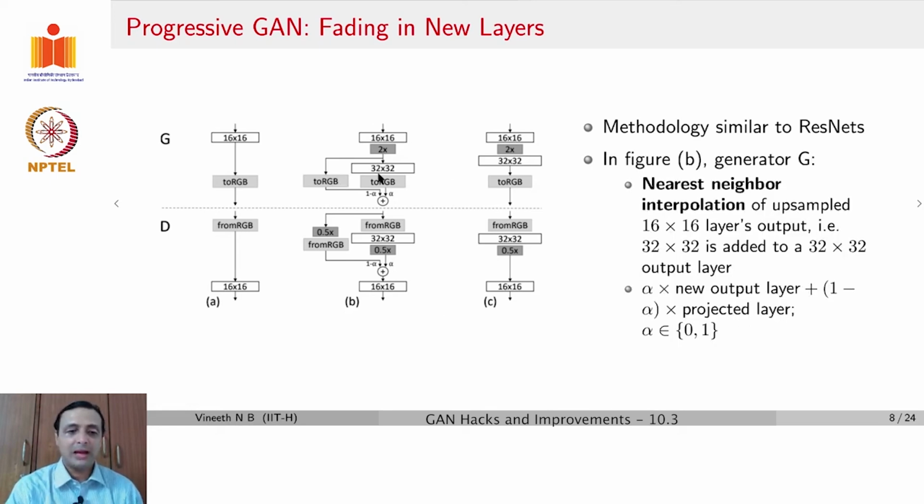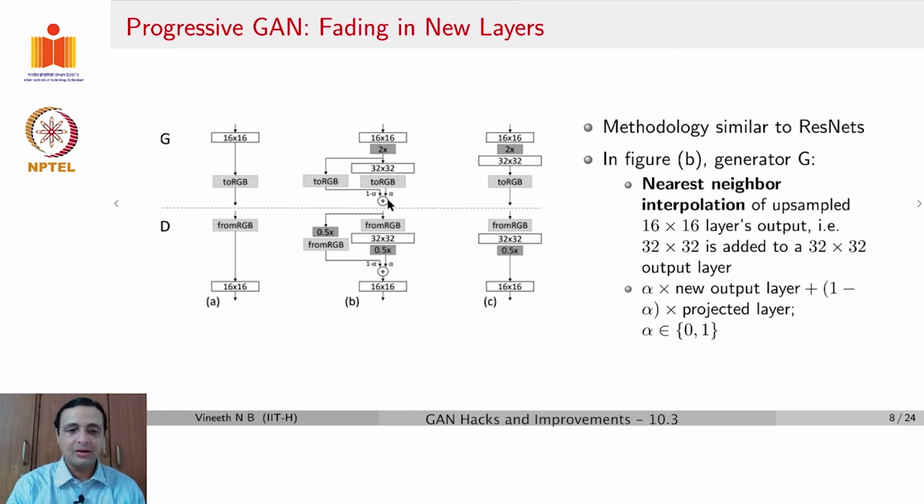While you had an initial resolution 16x16, when you step up to 32x32, the nearest neighbor interpolated version of the 16x16 layer's output, when you interpolate, you get a 32x32 output that is added to the 32x32 layer through a skip connection.